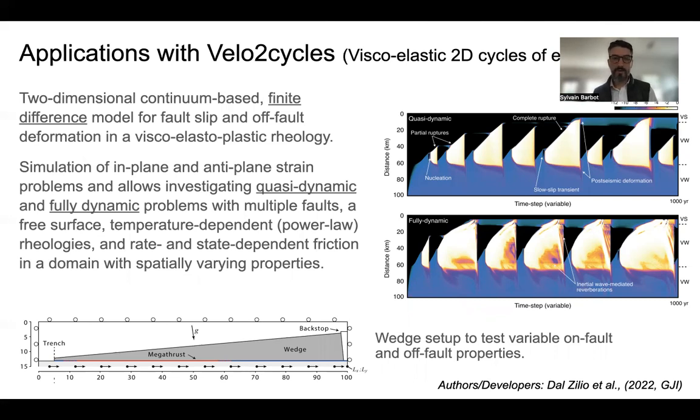Okay, so an example here is provided for the accumulation of slip in seismic cycles on a megathrust below a wedge, with two different examples for the quasi-dynamic and the fully dynamic solutions.